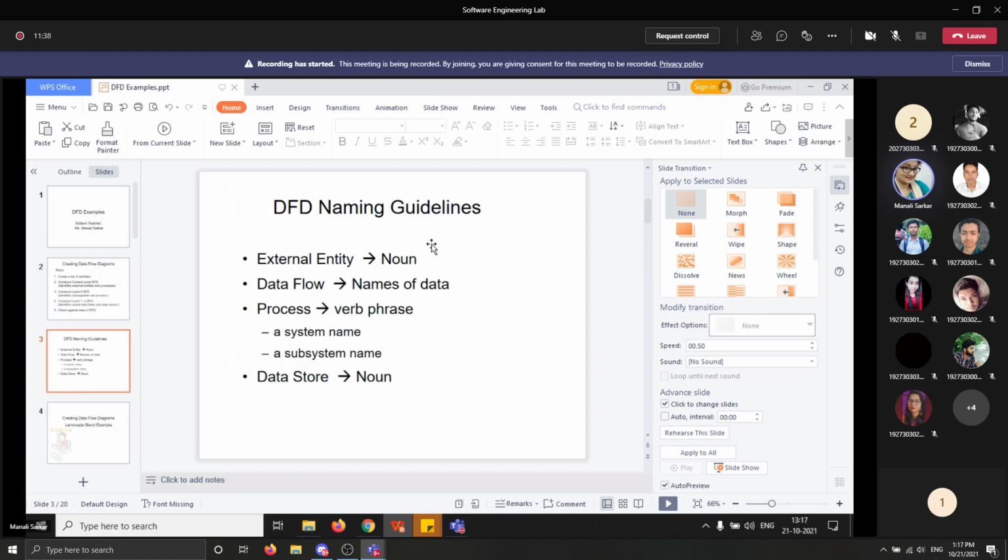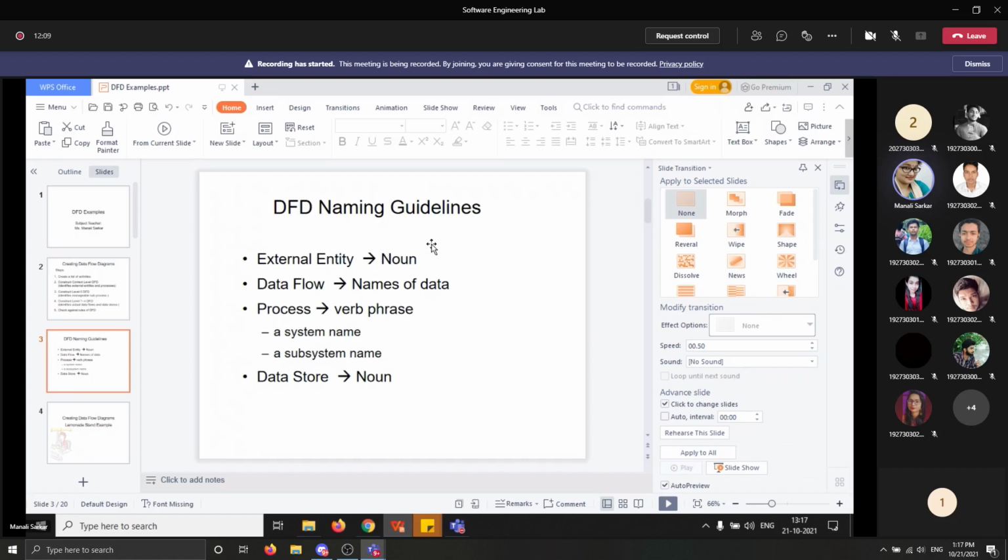Suppose instead of directly saying to construct a DFD of a library management system, the question gives the privilege to the user: whatever entity, attribute, data flow or process the user wants to take, they can take according to their choice. But if the question already mentions everything, like you are having a library management system.